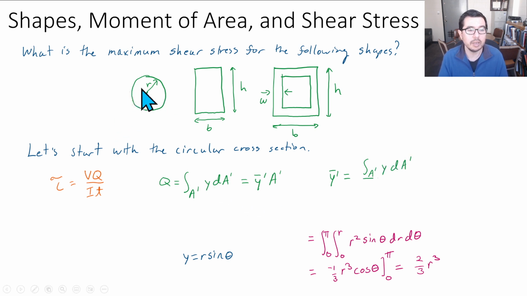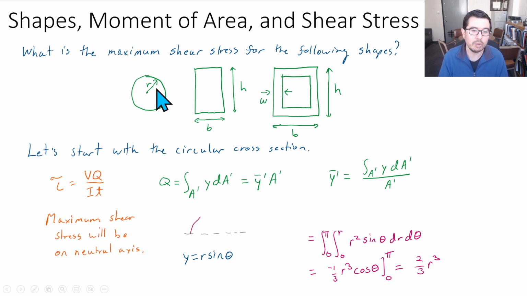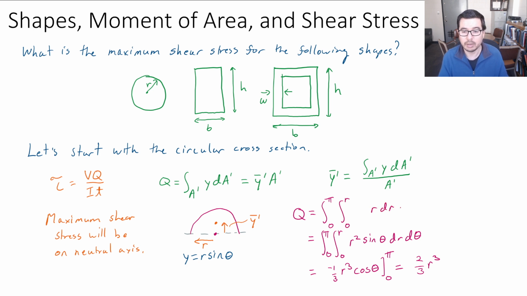The cross section of a circle that's of interest, if we're looking at what's happening at the neutral axis, is going to be a semicircle or a half circle. If you know where the centroid is for a semicircle, then fine, you can use that. Or we can perform this integral and calculate it out.